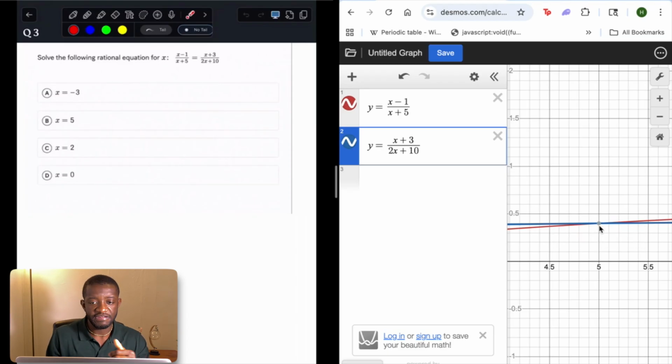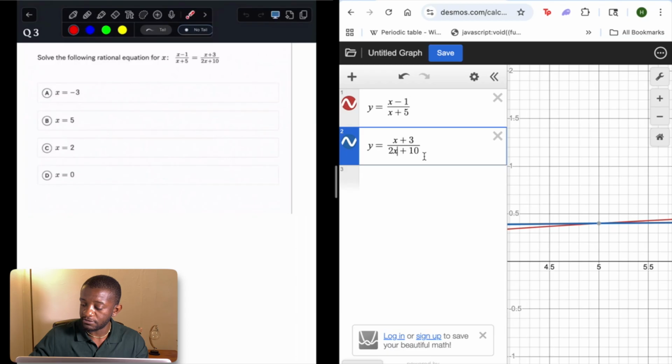If you're having trouble understanding this logic, basically, if y equals this first expression and y is also equal to the second expression, you could say that the first expression is also equal to the second expression. So if a equals b and a is also equal to c, you could say that b is also equal to c. That's basically the logic behind this.